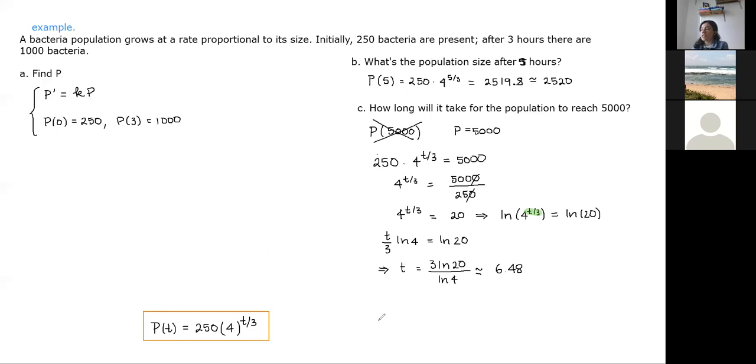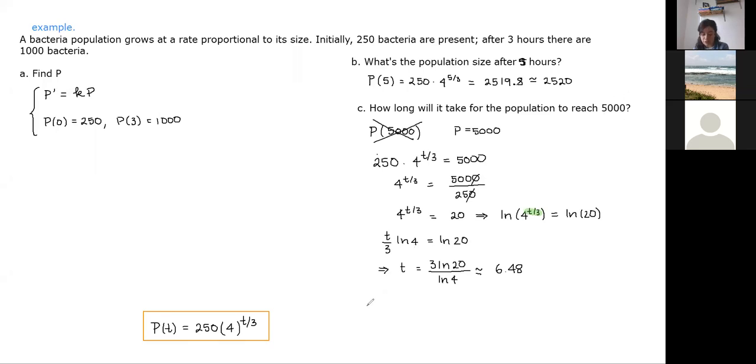And so t is equal to 6.48, which if I interpret in the context of my equation over here, when t is equal to 6.48, the population will reach 5,000.